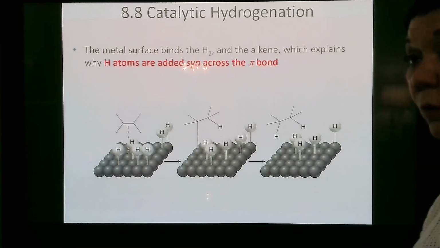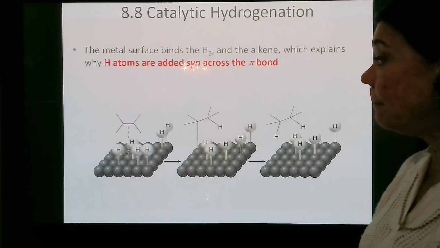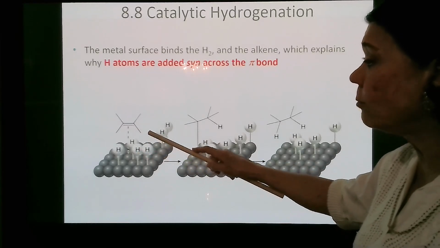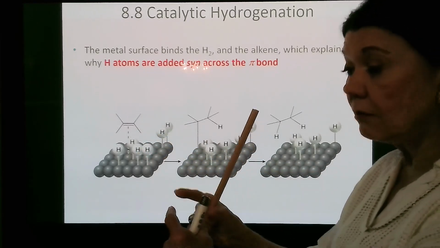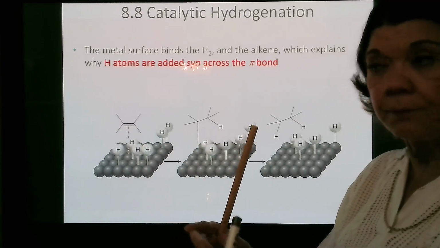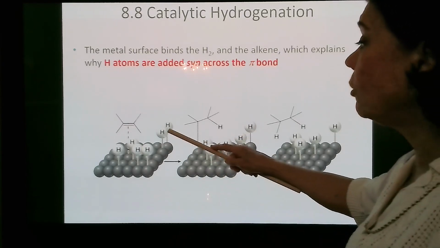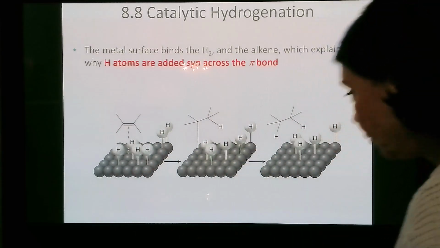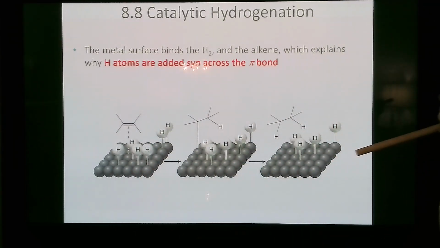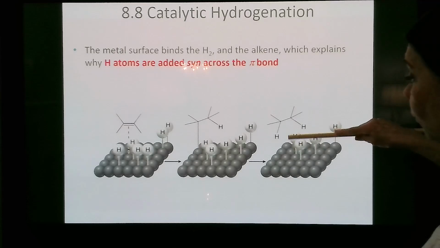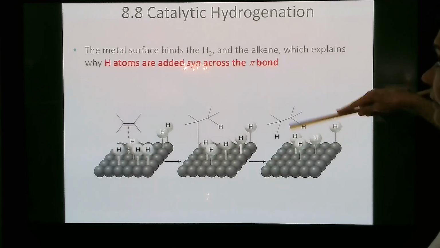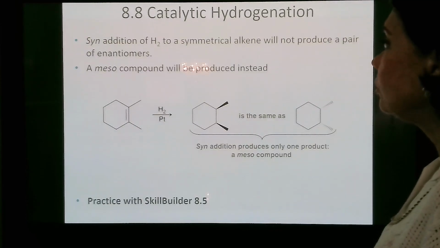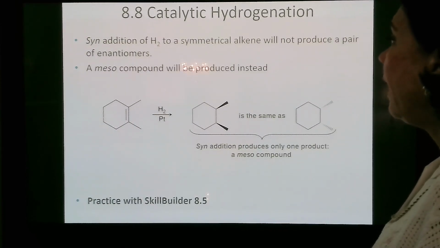That's why you're going to get syn addition, because the H2 is adsorbed and the pi bond is adsorbed, and they're next to each other, and so then they react. You're not going to have one of the hydrogens jump around to the other side of the molecule as the reaction takes place. And then when the reaction takes place, you have the desorption. So syn addition across the pi bond.